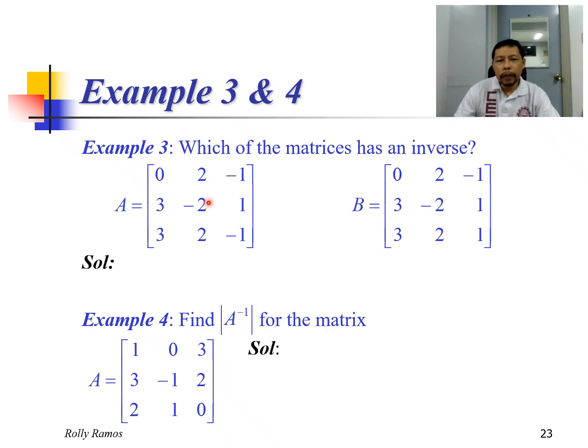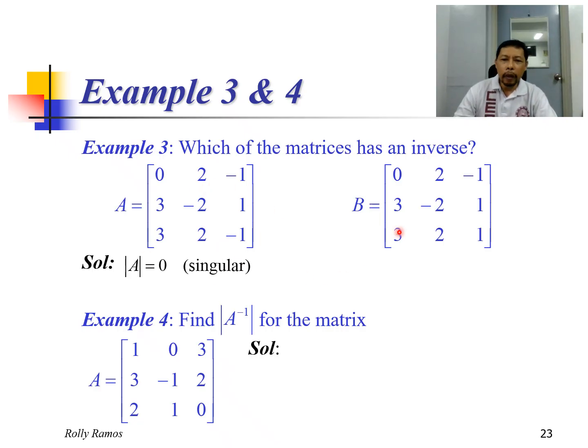So these two are multiples of each other, and according to our previous discussion, if there are two rows or two columns which are multiples of each other, then the determinant is 0. So therefore A has no inverse. Since the determinant of A is 0, it is singular and non-invertible.